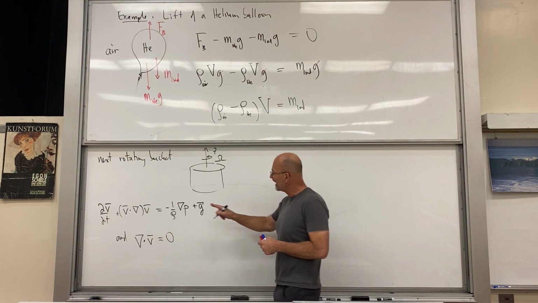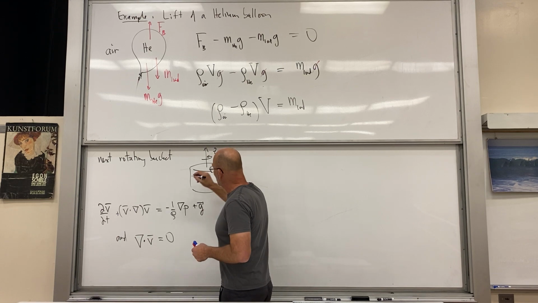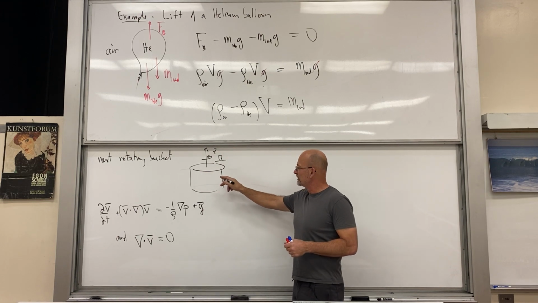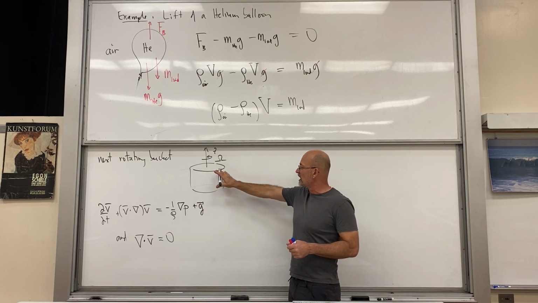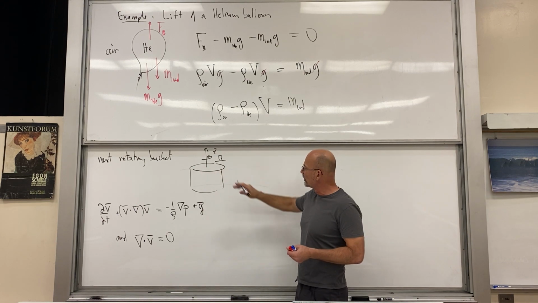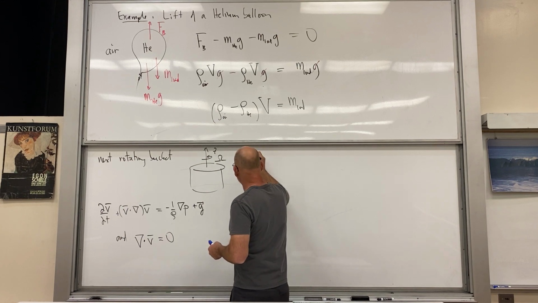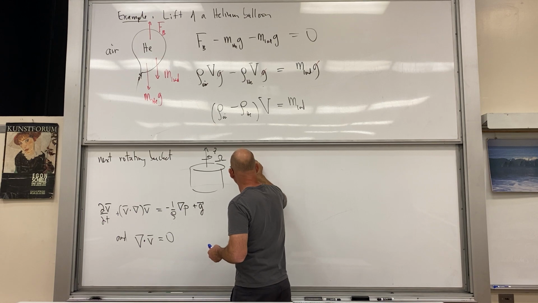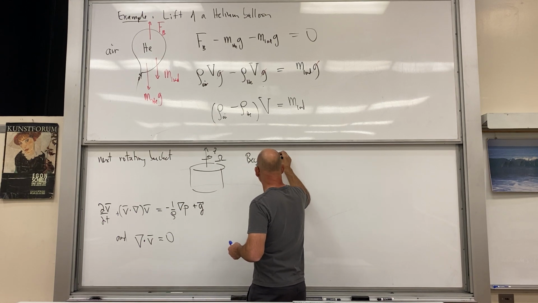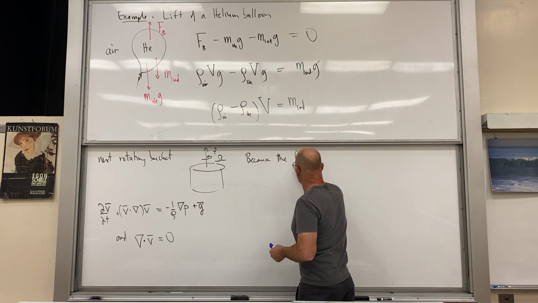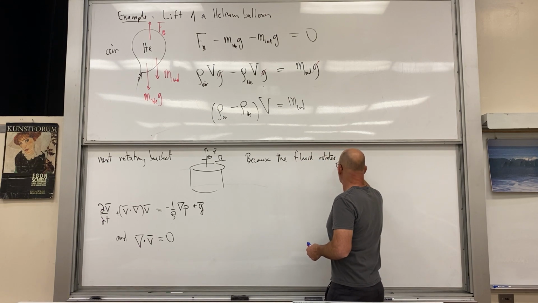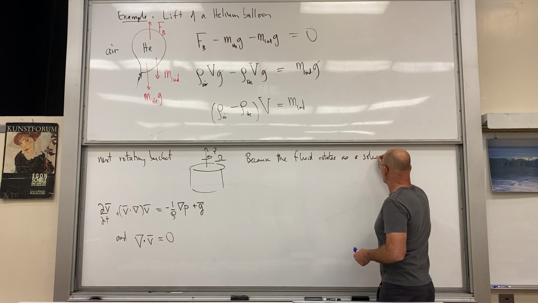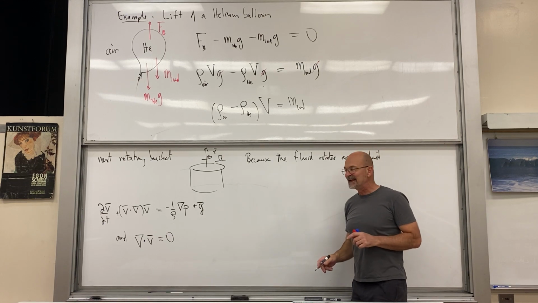And since it rotates as a solid, we're just going to take the fluid velocity as the velocity of that solid, of all the points in the solid. So we'll write this because the fluid rotates as a solid after it's gotten up to speed.